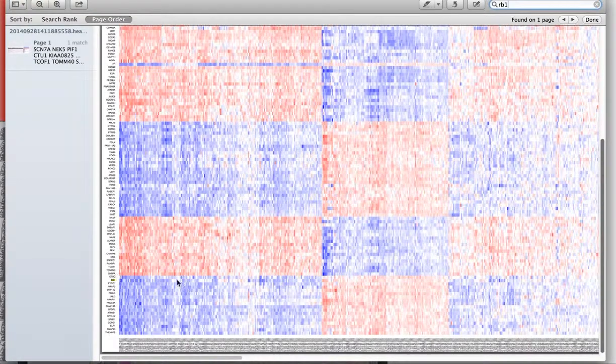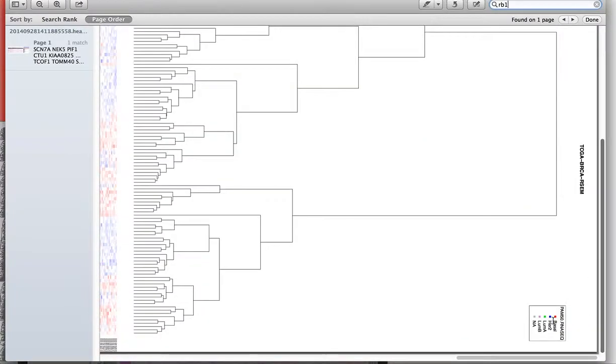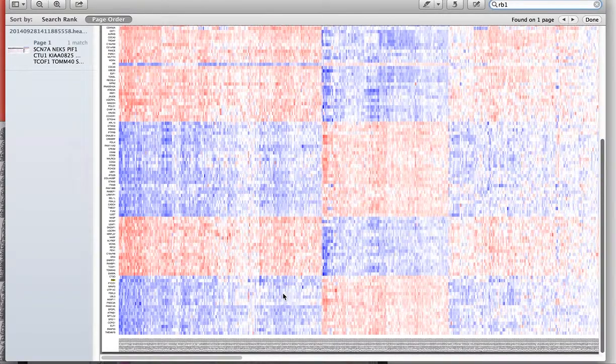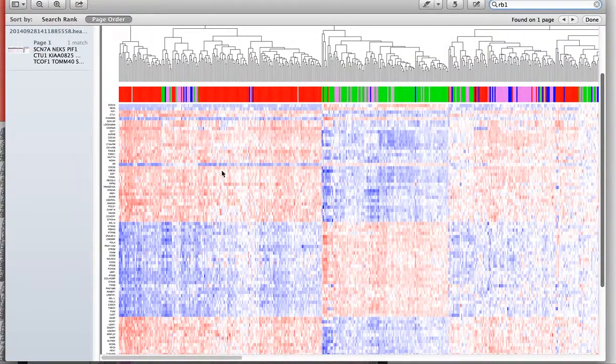Where RB1 is low, okay, that's where a lot of these red ones are, and the red ones are basal, which is triple negative. And you can kind of see conversely that P16 or CDKN2A is high where RB1 is low. So it's interesting there.